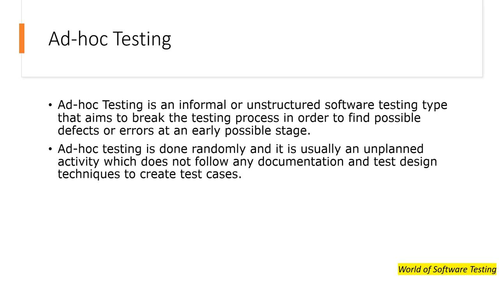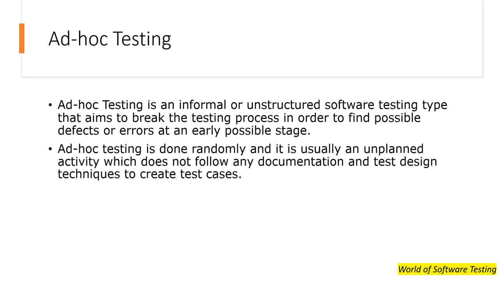As we have mentioned, ad hoc testing does not follow any documentation. Let's say you are testing one application and there is no documentation, no planning, and no process to be followed. Since ad hoc testing aims at finding defects through a random approach without any documentation, defects will not be mapped to test cases.